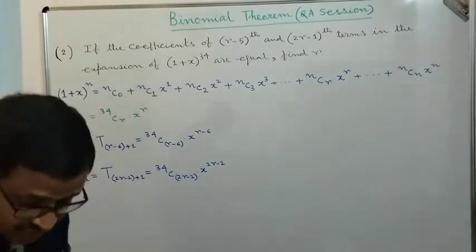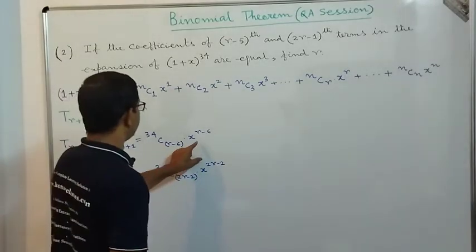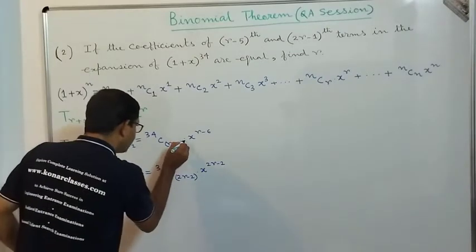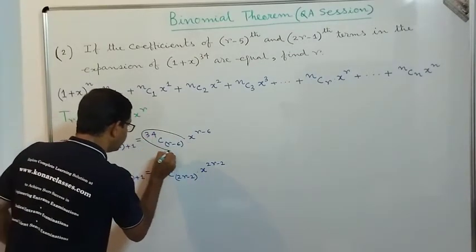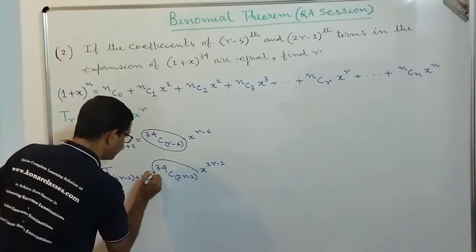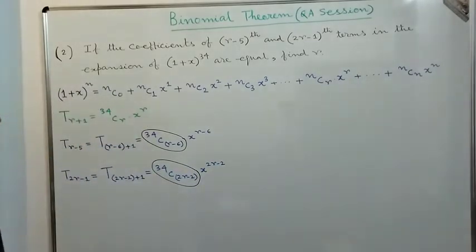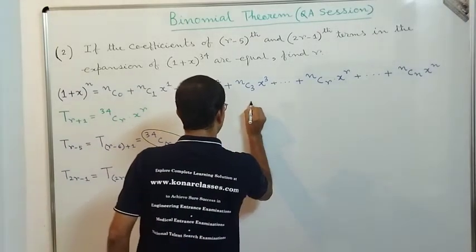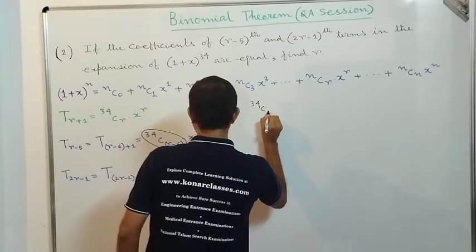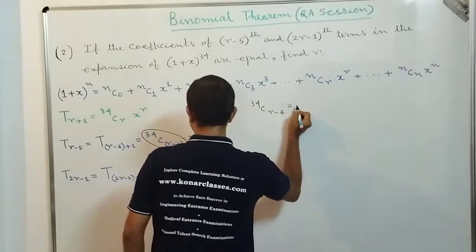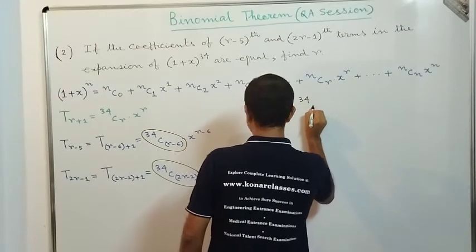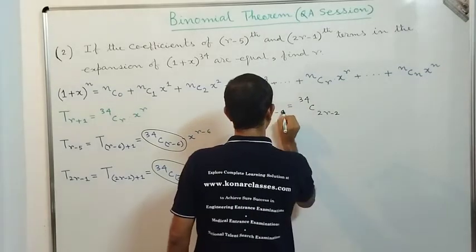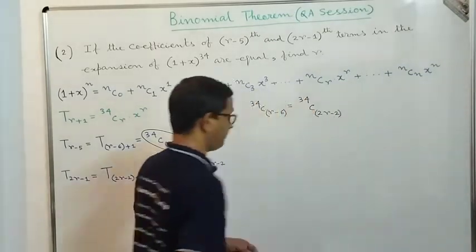Now according to the question, the coefficients in the r minus 5th term and the 2r minus 1th term are equal. That means these are the coefficients, so this value is equal to this value, and from this relationship we need to find the value of r. So we get 34C(r minus 6) is equal to 34C(2r minus 2).